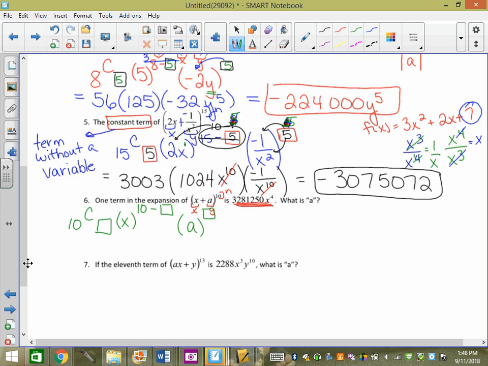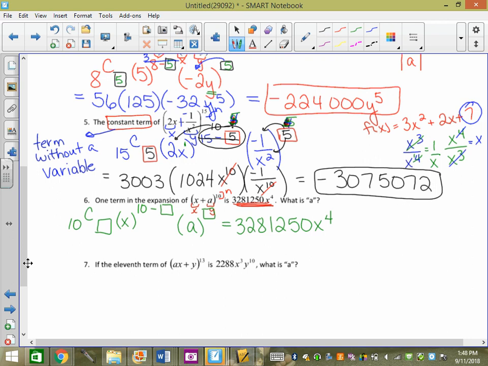What's the difference now? Equals answer. They gave us the answer this time, right? That's the only difference. Equals 3,281,250 x to the 4.